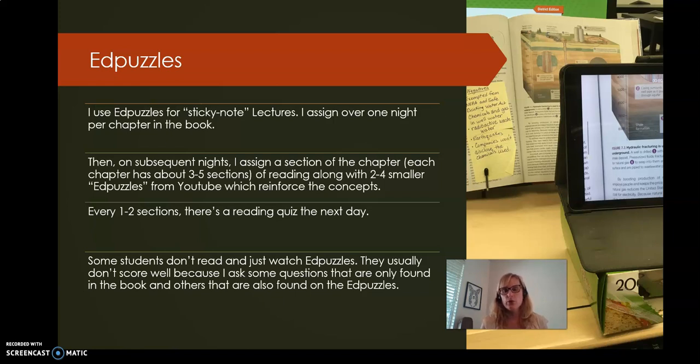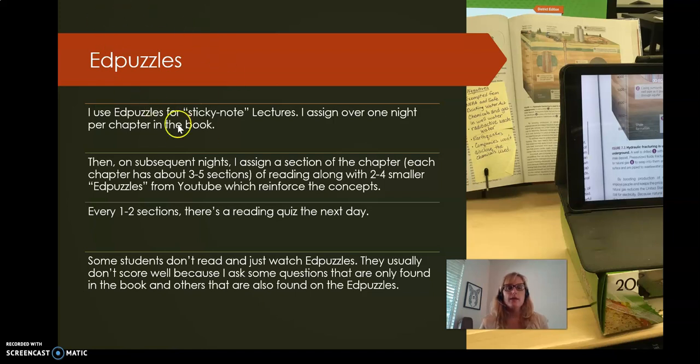So they'll get 2 or 3 little videos about 15 minutes long. They pause and sticky note, and they'll have to pause several times because I talk faster than they can write. But that's the beauty of a flipped classroom, is that you can pause and carry on when they're ready to go.